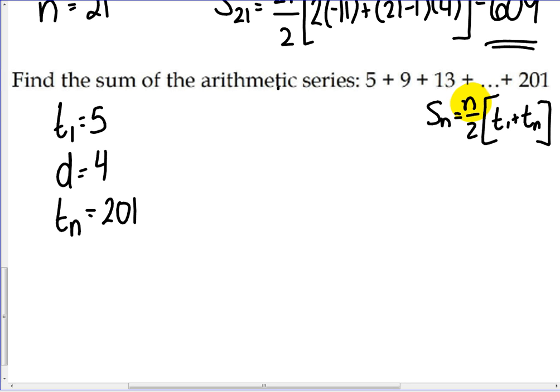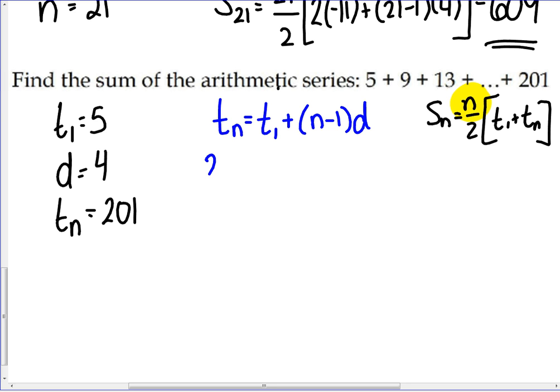Is there a way that we can find the number of terms if we know the last term? T of n equals term 1 plus n minus 1 times d. We have to go back to yesterday's stuff and sub in what we know, which we have here to the side, and find n.